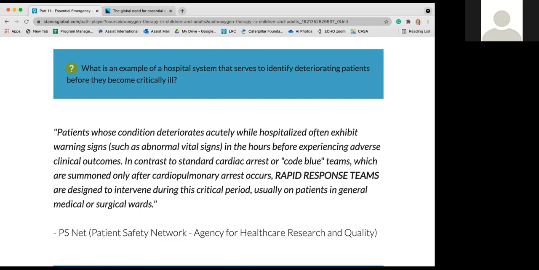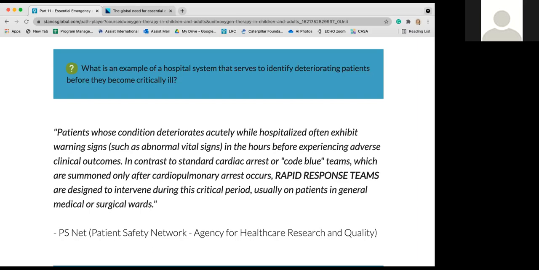And they are called before the patient develops complications, before cardiac arrest. So then they will be able to optimize the patient and contribute to better quality of care and better outcomes.